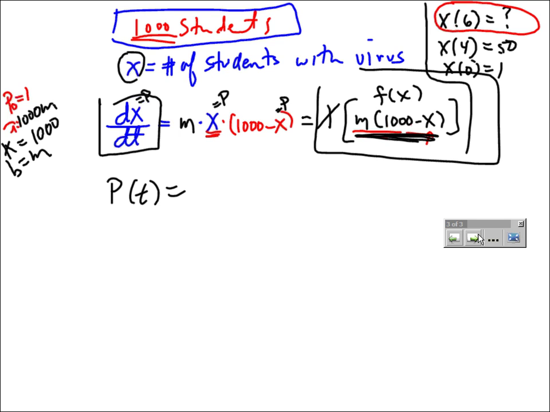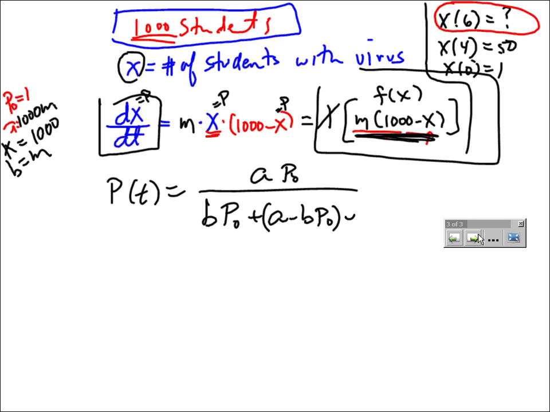P of T is A times P0 over B P0 plus A minus B P sub 0 e to the negative AT. And possibly, instead of calling it P sub 0, maybe we should have called it X sub 0 as well. P's become X's. In this problem, instead of P's, we have X's.